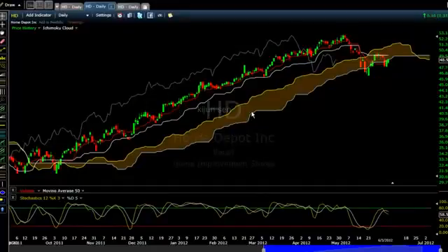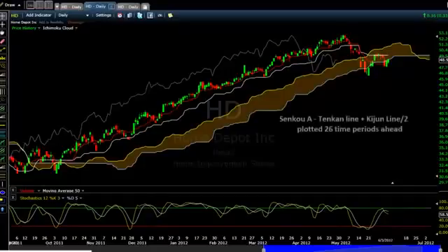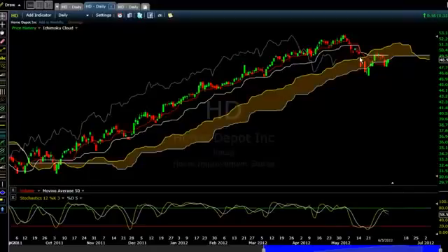Now, the importance of the Kumo, you can see the varying thicknesses, and that's because Senkou span A and B, remember, span A is the sum of Tenkan-sen and Kijun-sen divided by 2, and it's plotted 26 periods into the future. So these closing candles here are actually projected 26 periods into the future, and that's where Kumo occurs, 26 periods in front.